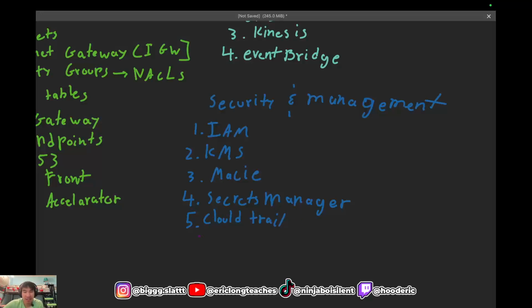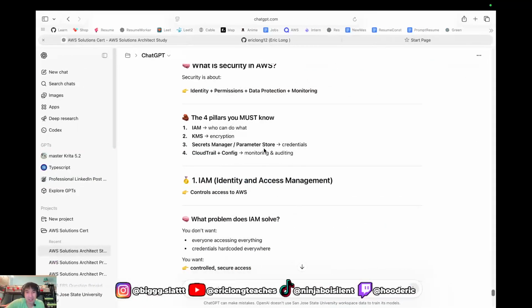Okay. 6 would be Config. And number 5 would be something store. What kind of store? Parameter Store.